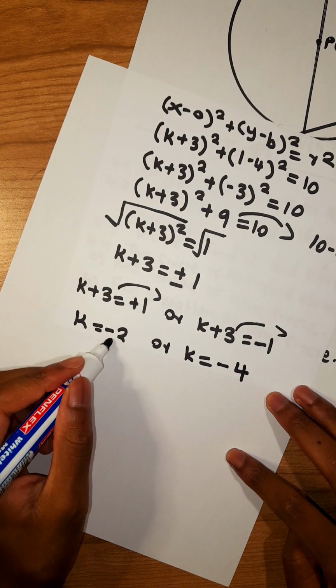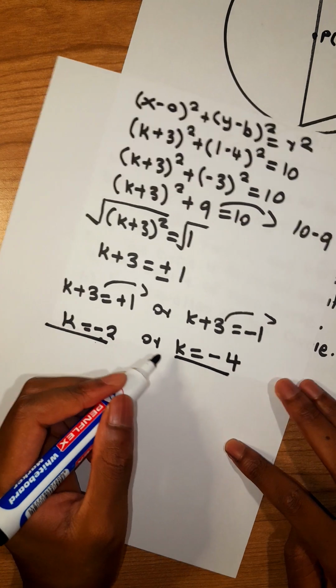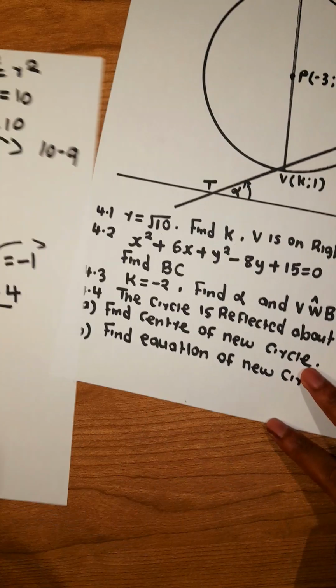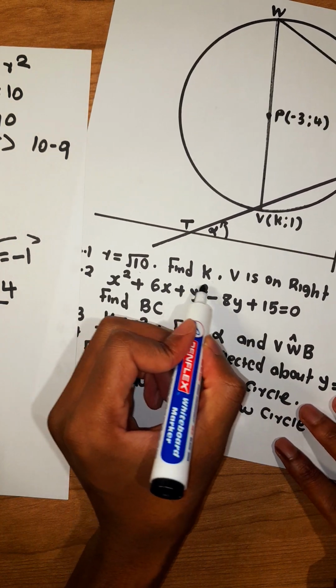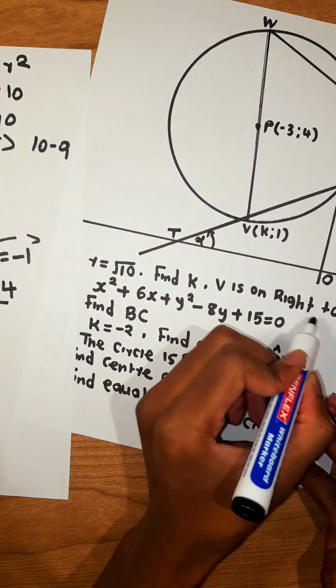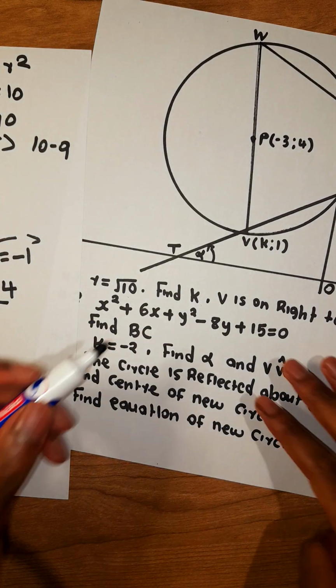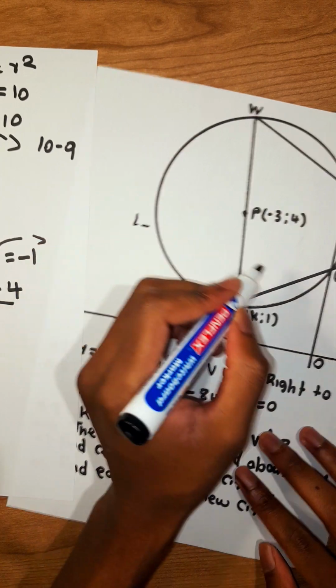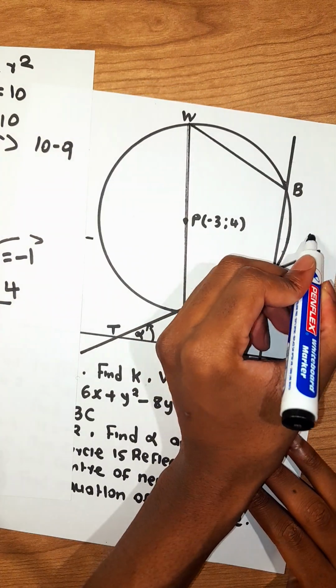But which one is the value of k? How can we conclude which one it is? Well, if we go back to the question, it says find k, and they are telling us that V is on the right of P. So which one is the right? On my side, this one is my left, and this side is my right.